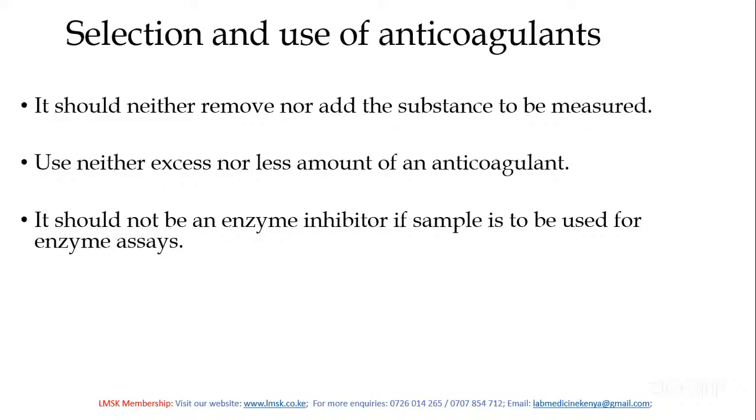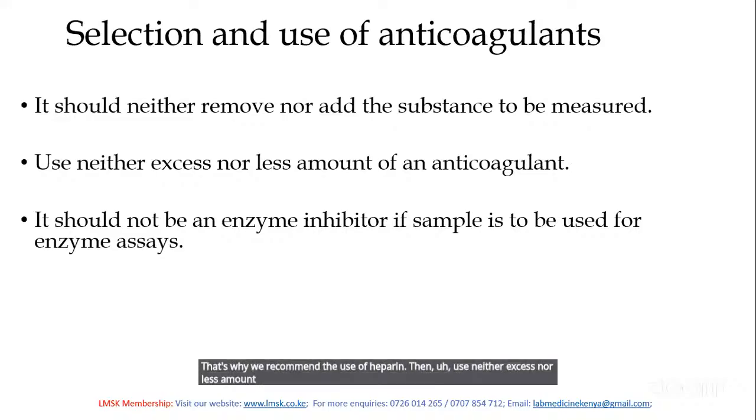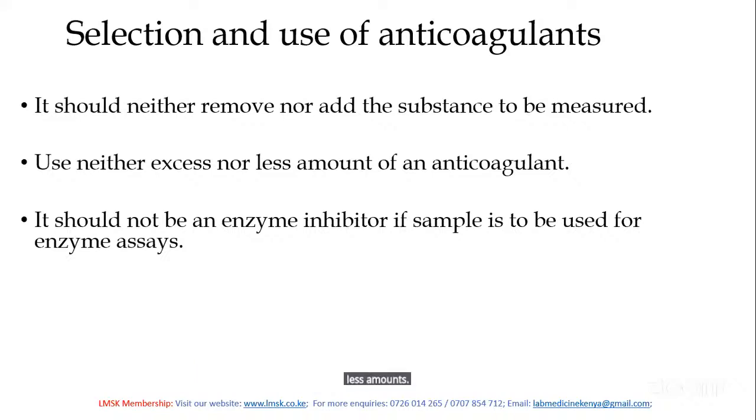Then use neither excess nor less amount of anticoagulant. When you use less, your specimen will clot, interfering with your results. Excess anticoagulant will lyse the red blood cells. It should not be an enzyme inhibitor if that enzyme is being analyzed.